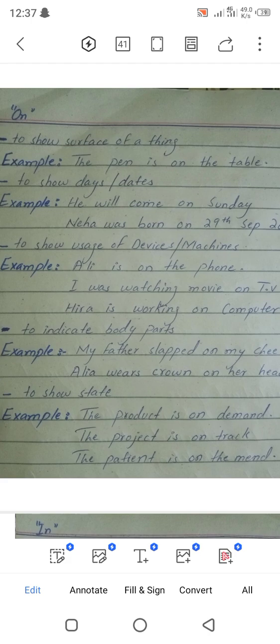Consider an example that might help clarify your concept. It answers the word where. The book is on the table. Where is the book? The book is on the table. This is how the preposition is used to indicate location.